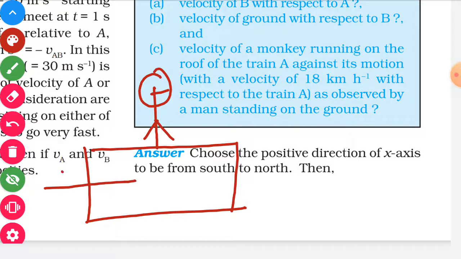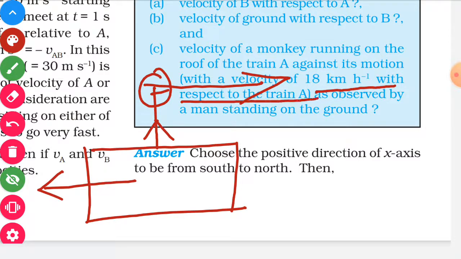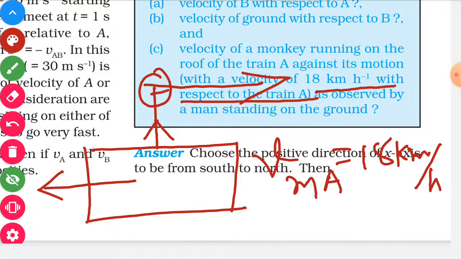If this is the direction of its motion, then this monkey is moving in the opposite direction, and its velocity is 18 km per hour with respect to train A. So velocity of monkey with respect to train A is 18 km per hour.